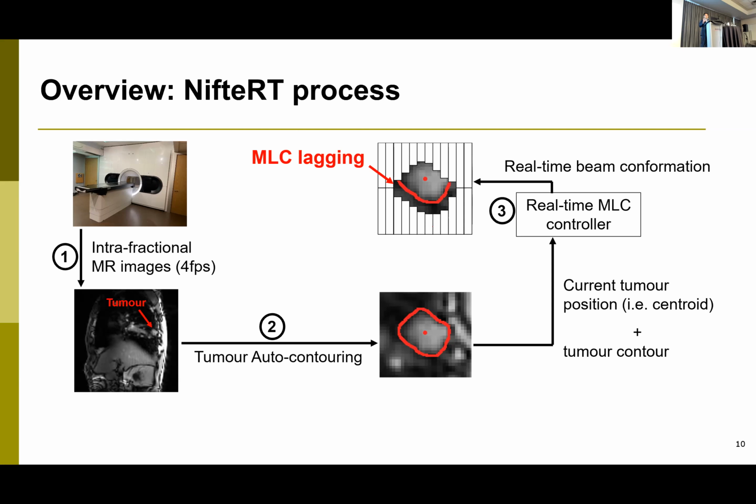If I don't do anything here, then the beam will actually always be lagging behind the actual tumor motion, because everything here takes time. Image acquisition, auto-contouring, and the mechanical movement of each of these leaves. These are thick tungsten leaves driven by a motor in the back. So that takes time too.